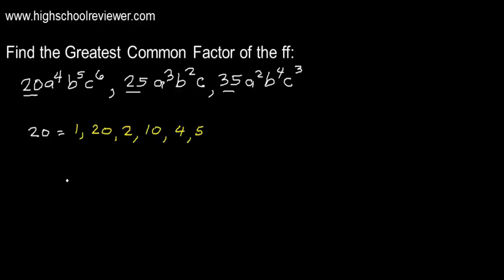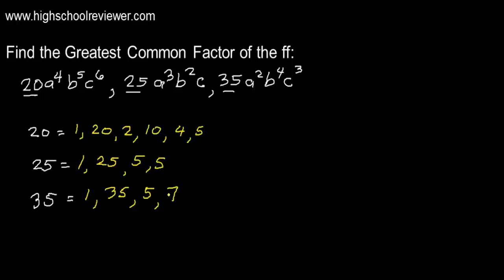Let us find the factors for 25. The factors of 25, we have 1 and 25, and then we have also 5 and 5. And let us find the factors of 35. The factors of 35, we have 1 and 35, and then we have 5 and 7.